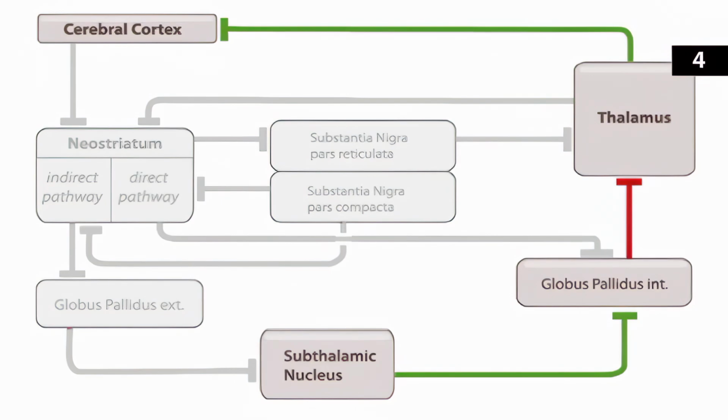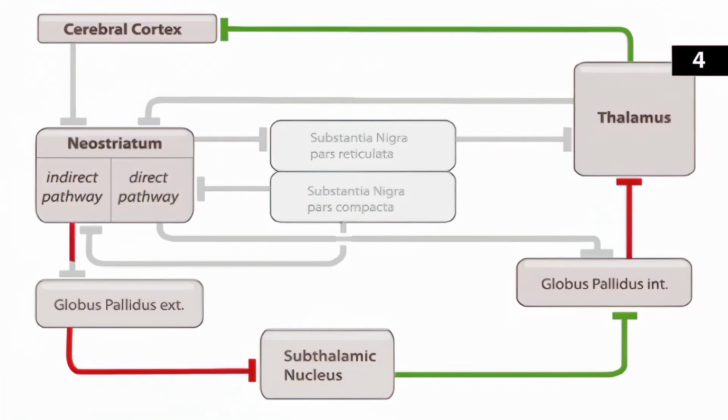Meanwhile, the globus pallidus externa sends an inhibitory signal to the subthalamic nucleus. So this is disinhibitory overall, because it makes the signal coming from the subthalamic nucleus weaker, which means the signal coming from the internal globus pallidus weaker, so that the excitatory signal coming from the thalamus is stronger, and that facilitates movement.